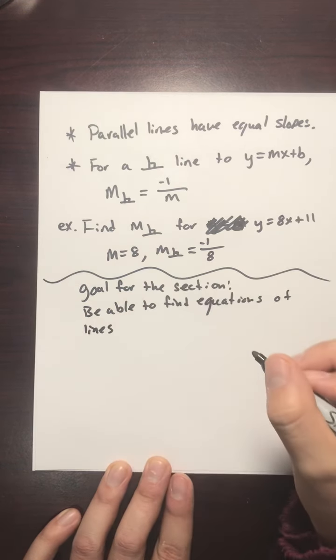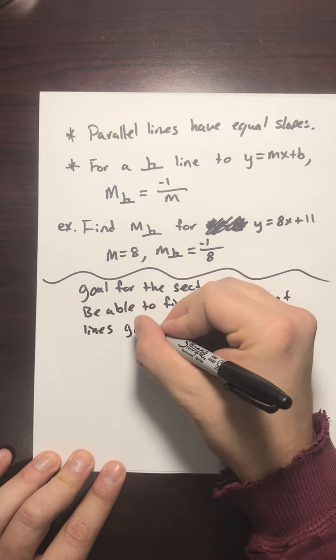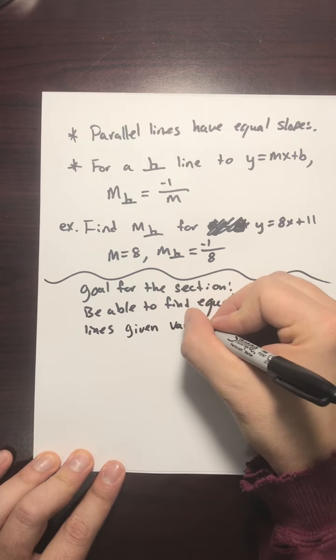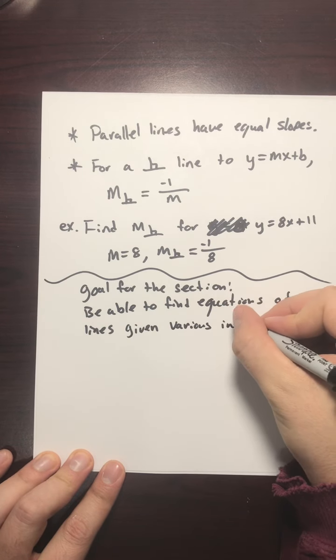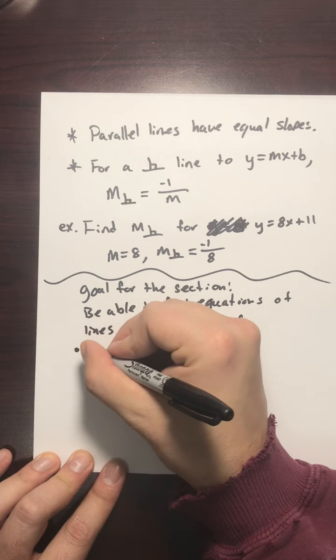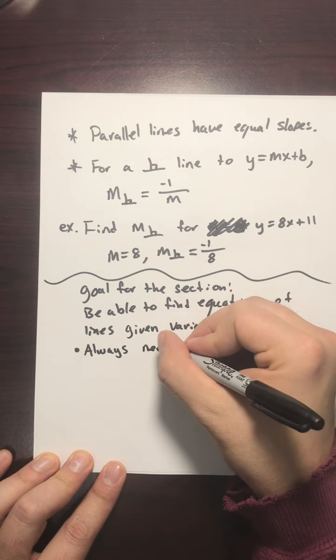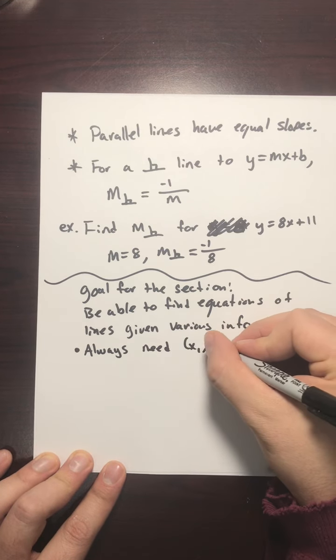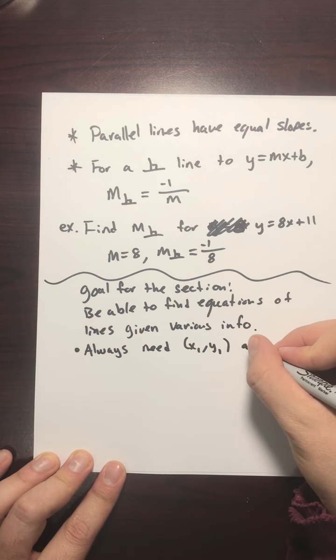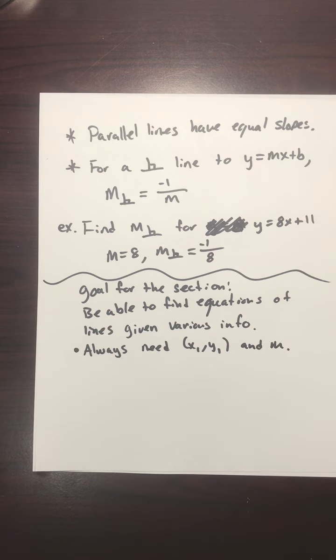So our goal for the section is to be able to find equations of lines given various information about the lines. And no matter what information we start with, we need to get to where we know an ordered pair on the line and we know the slope.